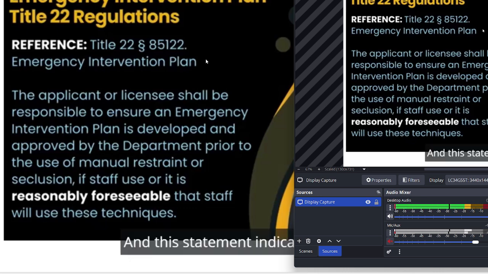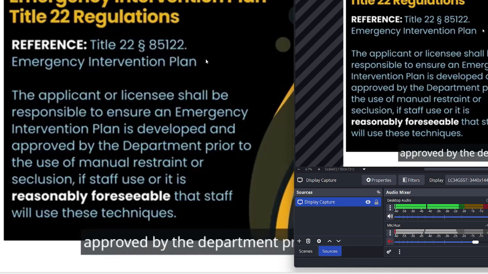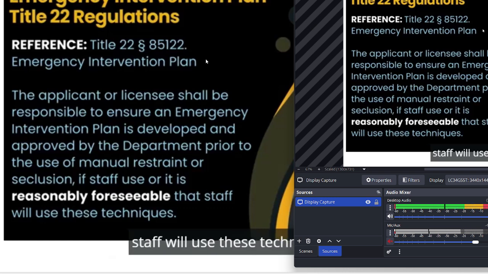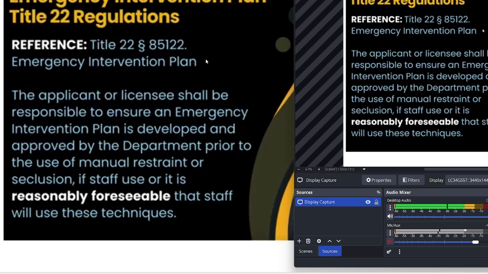And this statement indicates that applicants or licensees shall be responsible to ensure that an emergency intervention plan is developed and approved by the department prior to the use of manual restraint or seclusion if staff use or it is reasonably foreseeable that staff will use these techniques.